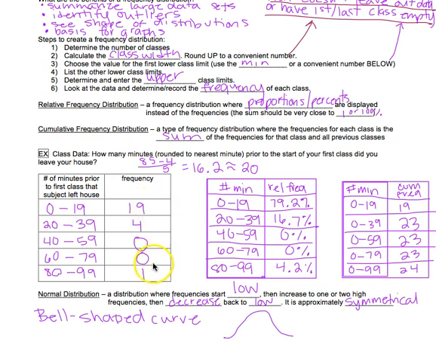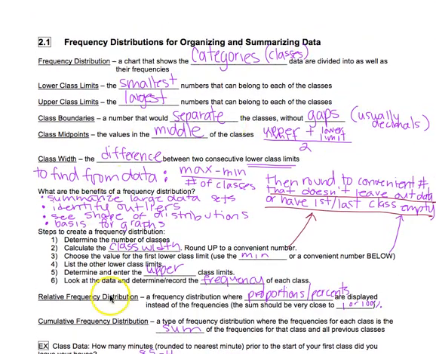So I can tell by my frequency distribution, definitely not normally distributed, because my frequencies are way higher on the left side and very low on the right side. All right, I think that about wraps it up for section 2.1.